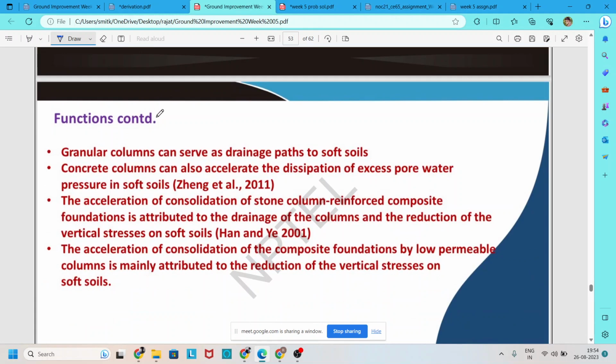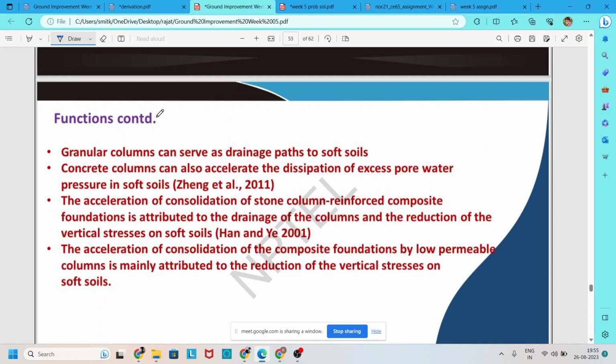Now here some points are given by different researchers based on their research: granular columns can serve as a drainage path to soft soil. Concrete columns can also accelerate the dissipation of excess pore water pressure in soft soil. The acceleration of consolidation of a stone column reinforced composite foundation is attributed to the drainage of the column and reduction of the vertical stress on the soft soil.